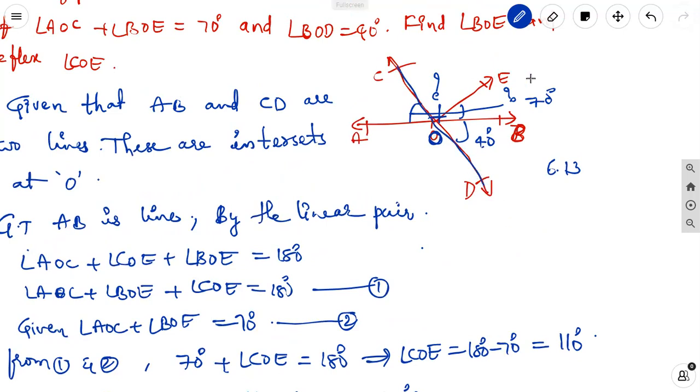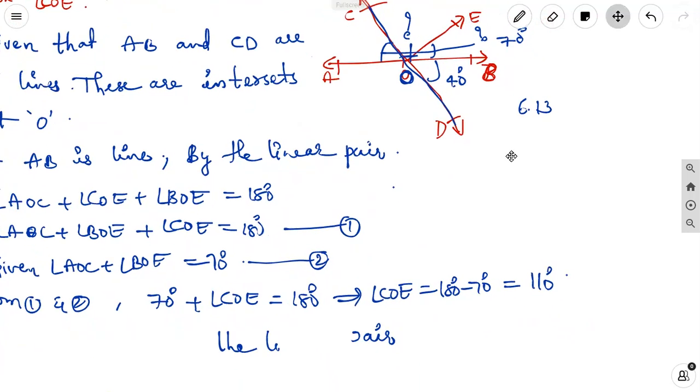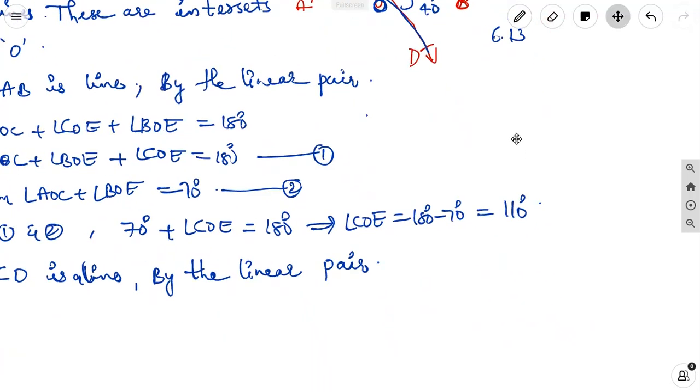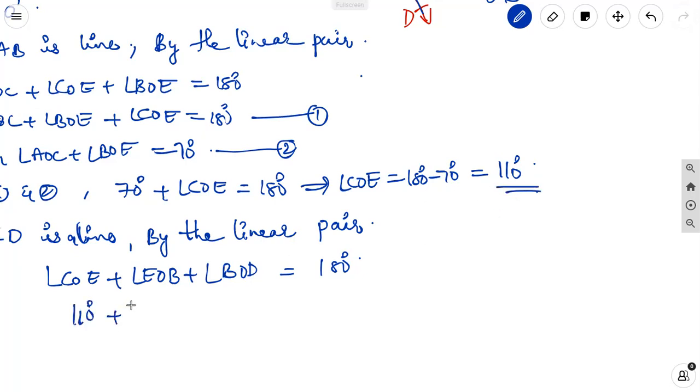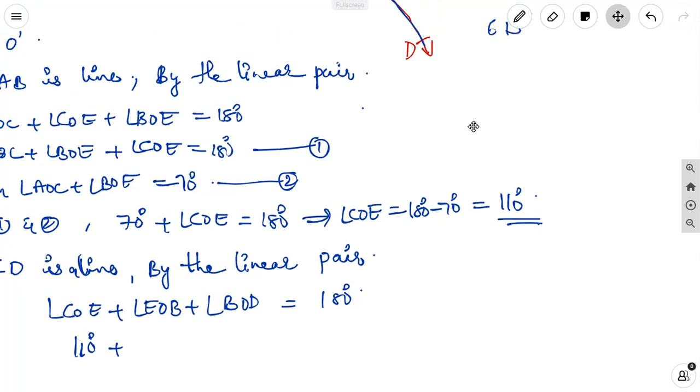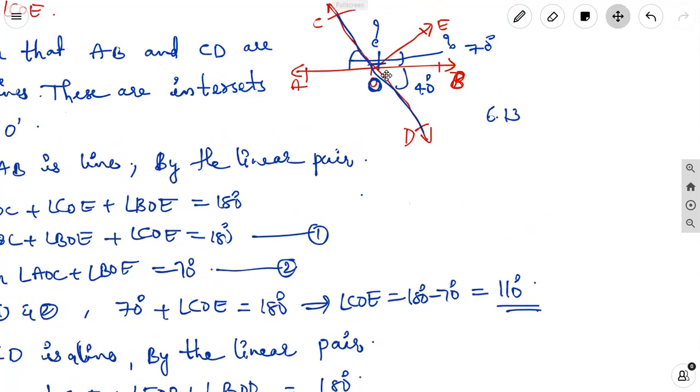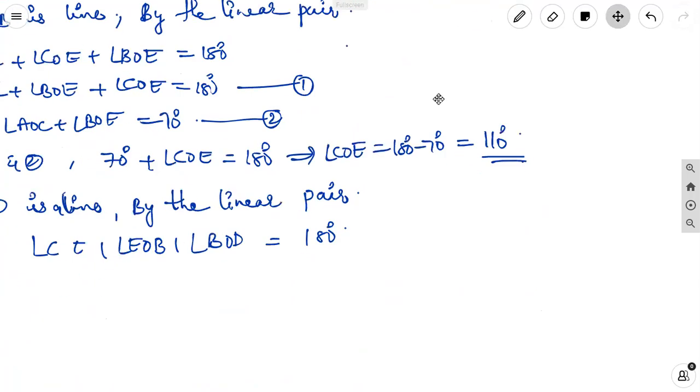Linear pair can be divided into three parts. That is angle COE plus angle EOB plus angle BOD is equal to 180 degrees. Here we know that angle COE is equal to 110 degrees, plus angle EOB, which we don't know, but angle BOD is 40 degrees.